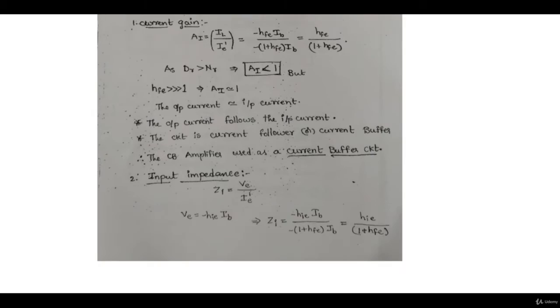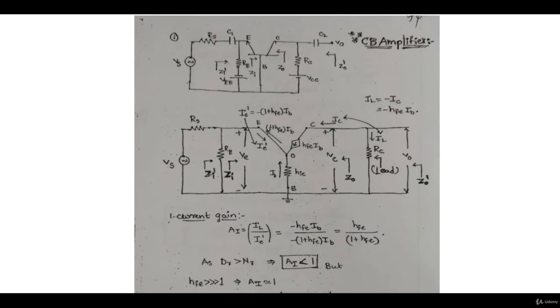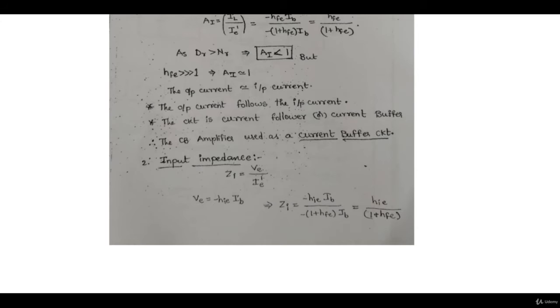Now let's look at the input impedance. Here we are calculating Zi, and Zi dash will be the parallel of Re and Zi. If you calculate Zi first, it is VE divided by IE dash. VE you can calculate from the voltage drop, which is minus hie·IB, and IE dash you already know, which is minus (1 plus hfe)·IB.